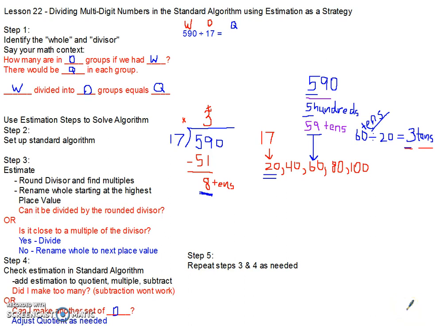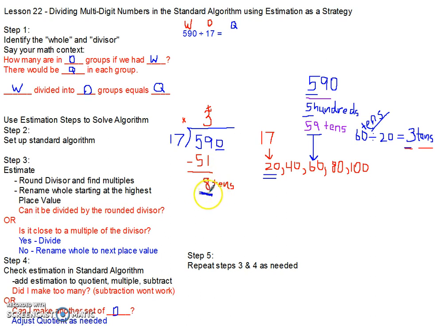Step 5 is to continue repeating steps 3 and 4 as needed. So since I'm not done, I still have this 0 in the ones place that I need to use. I've already rounded my divisor and I found the multiples. I've renamed starting at the highest, so now I need to continue renaming.